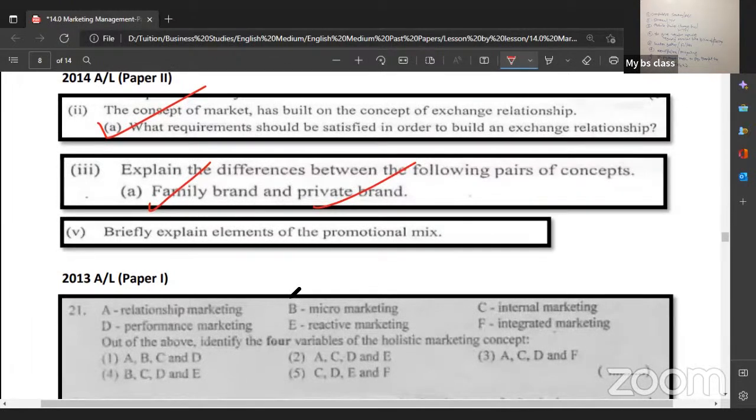The elements of promotional mix, right, guys? Easy question. Advertising, personal selling, public relations, sales promotions. The main criteria that we discussed come under the promotional mix.